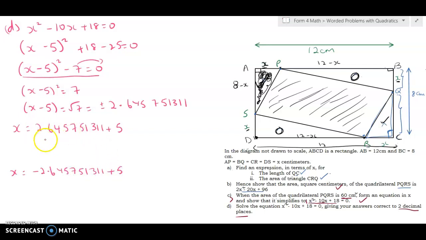So it's always plus or minus this value, not the value that you're sending over, because this is a minus 5 going over, it will just become a positive. This value will become 7 point all of this, but they've said to round to 2 decimal places, so I'll just round here and I'll get this answer. That's one value for x, and then this one will become 2.3542, etc., and rounded I get 2.35 centimeters.